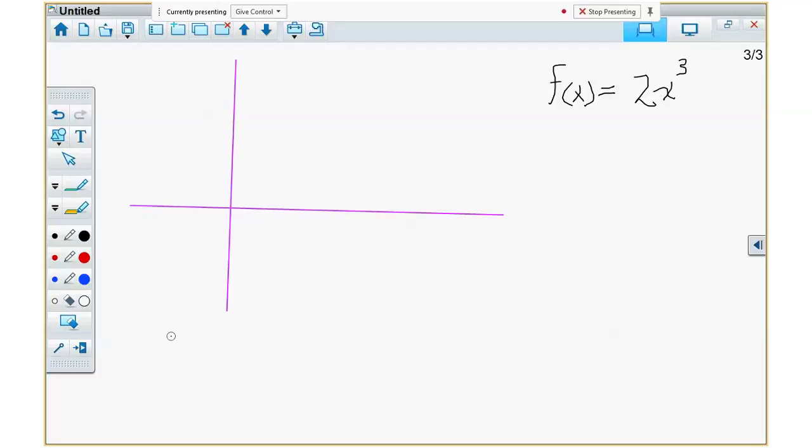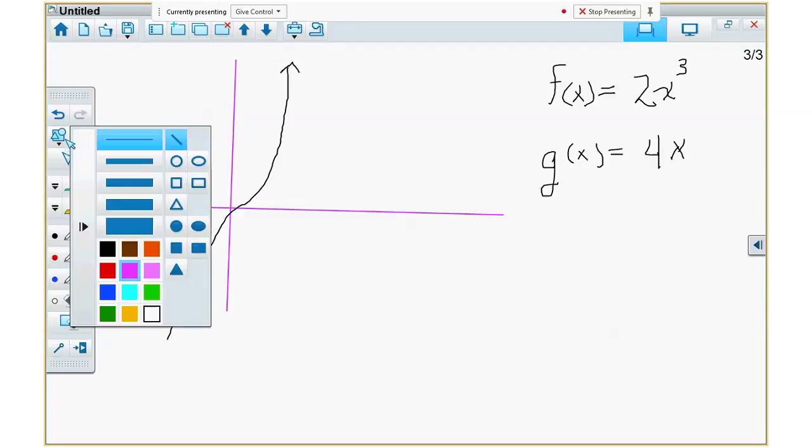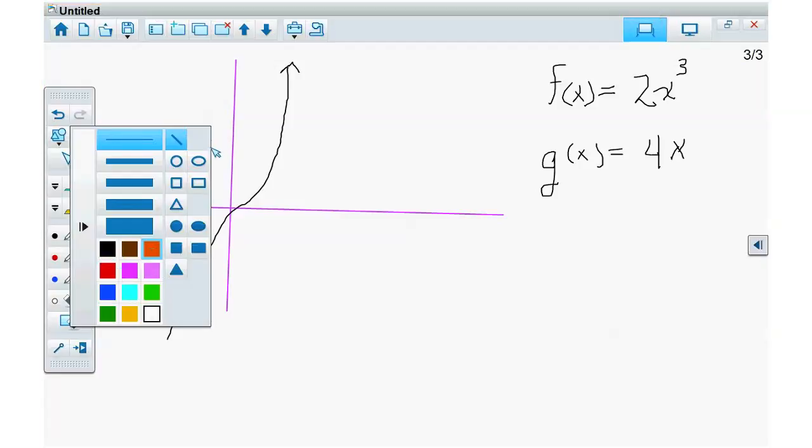So that means that thing is going to look like this. And g of x is equal to 4x. So you probably got something that looks like this.